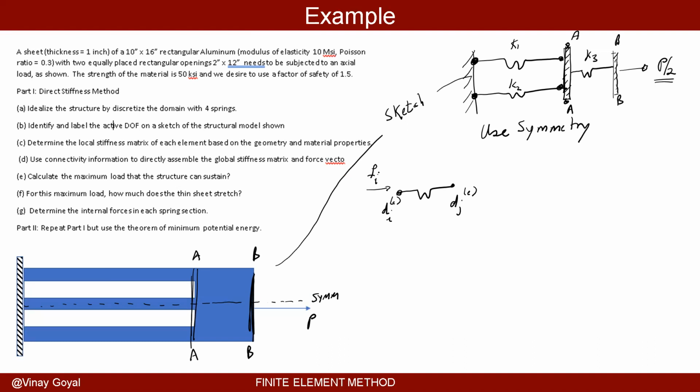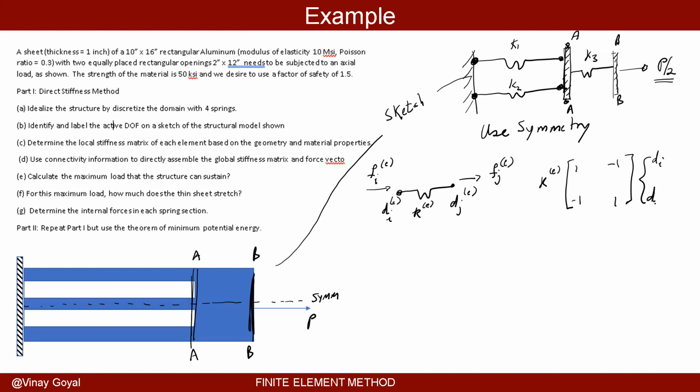In the other node, we have a similar thing. We have another internal force, Fj, and possibly some reaction, Rj, right? The stiffness of the spring, which is the stiffness of the element, is represented by the formula EA over L of each element.